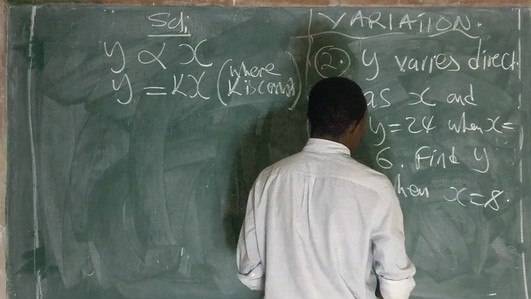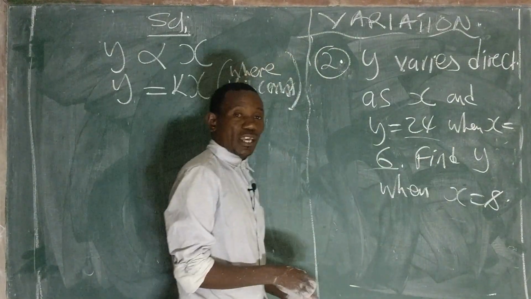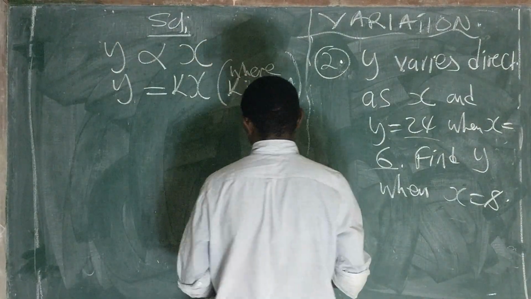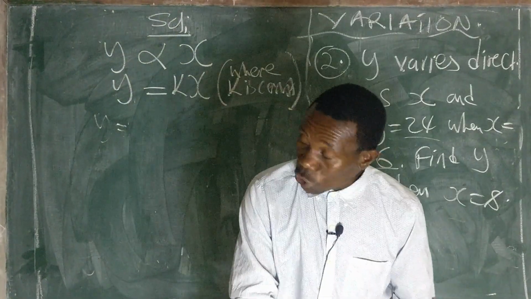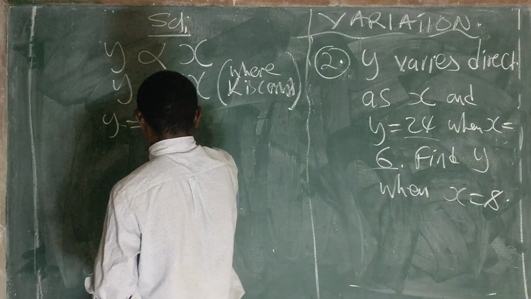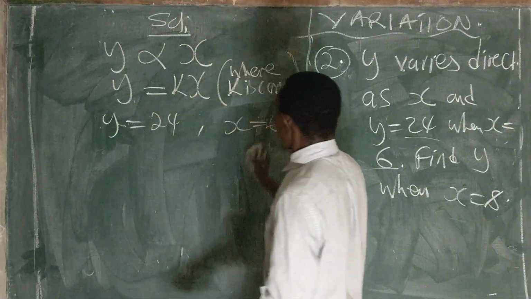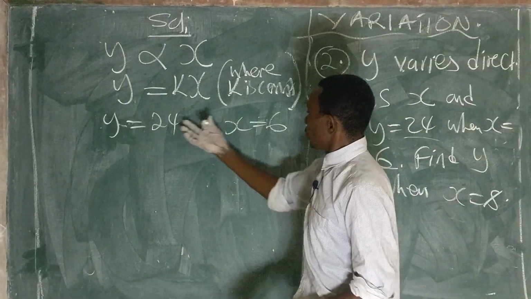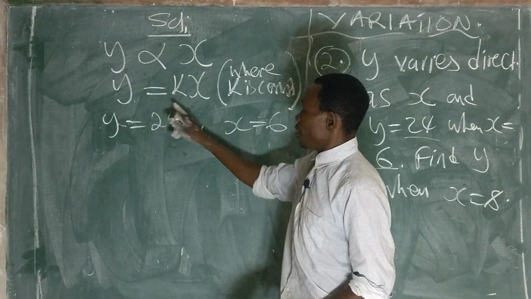That can be found when we know the value of the quantity Y and the value of the quantity X. So here you write, when Y is equal to 24 and X is equal to 6, you substitute these two values for Y and X in this equation.